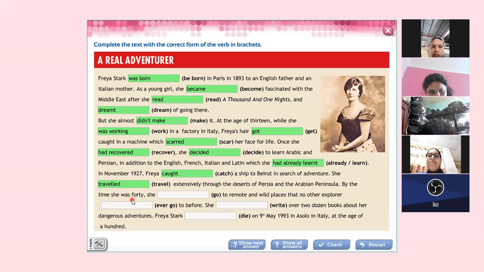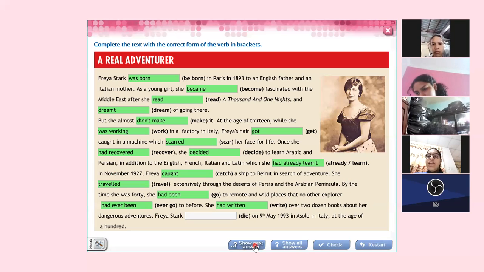By the time she was 30, she had been to remote and wild places that no other explorer had ever been to before. She had written over 2,000 books about her dangerous adventures.